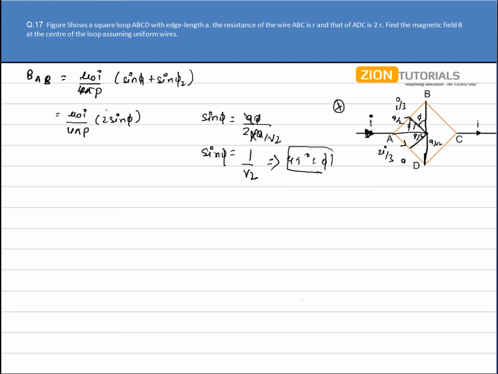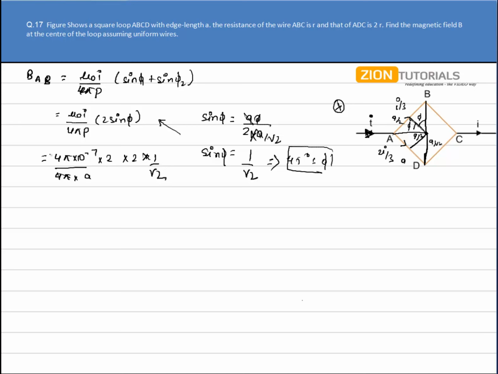Substituting this value, I have mu naught as 4 pi into 10 to the power minus 7 divided by 4 pi P, where P is the perpendicular distance a by 2, into 2 times sin phi, that is 1 by root 2.